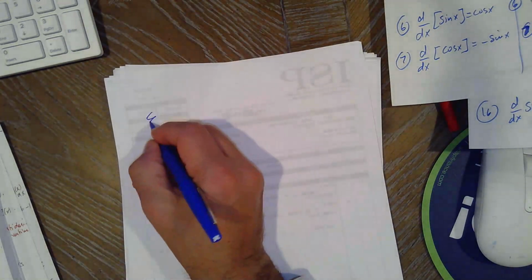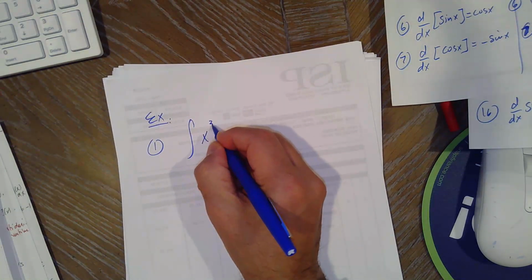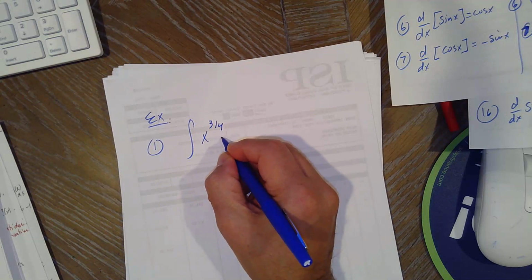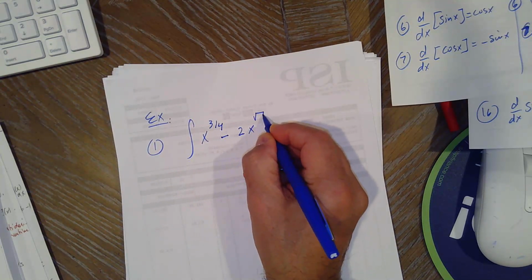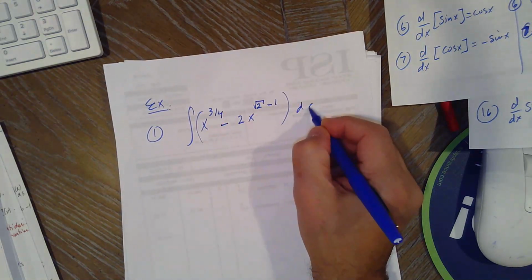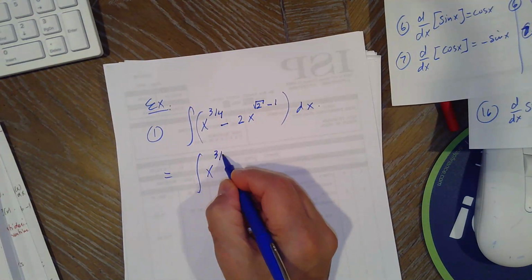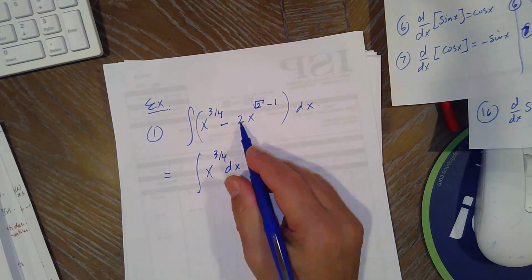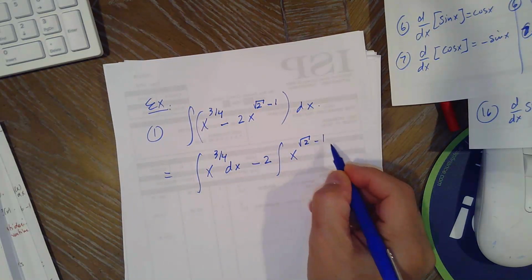Okay, here's an example. Again, what is an antiderivative of x to the 3/4 minus 2x to the square root 2 minus 1 dx? Again, we're going to split it up. So integral of x to the 3/4 dx. I'm going to pull the constant out so I don't have to do it twice.